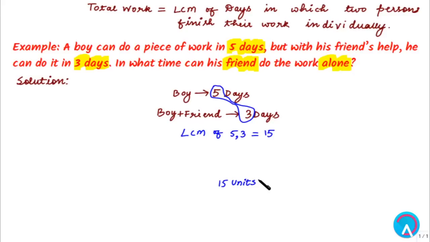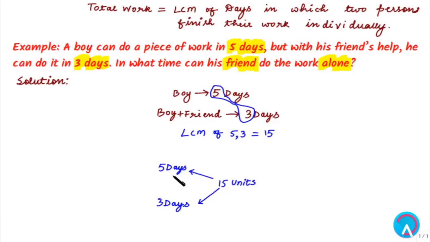So this was the total work, and the boy alone can complete this 15 units of work in 5 days. This is given. And when he takes the help of his friend, then both of them can do the work in 3 days.